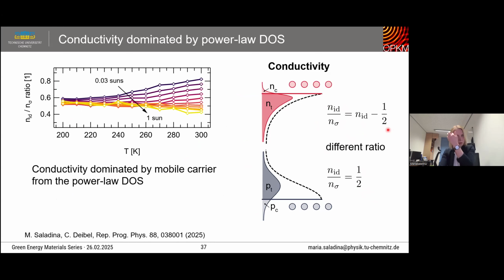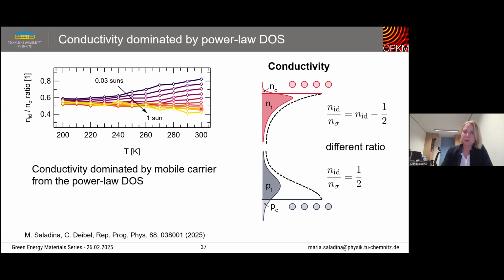Next we applied this model to PM6Y6 data. And what can we see here? We have the ideality factor ratio, and remember it's 1/2 if we have the same dominance of charge carriers. And it follows 1/2 at high illumination intensities.